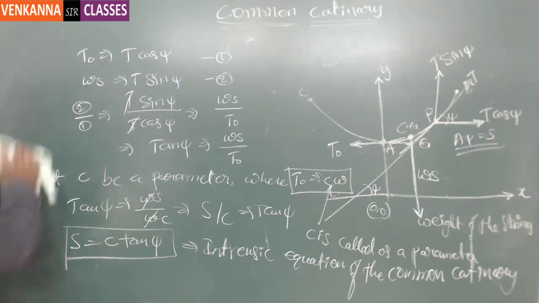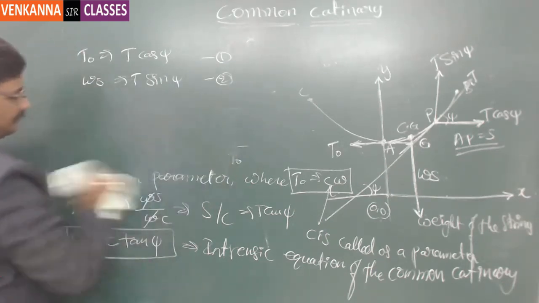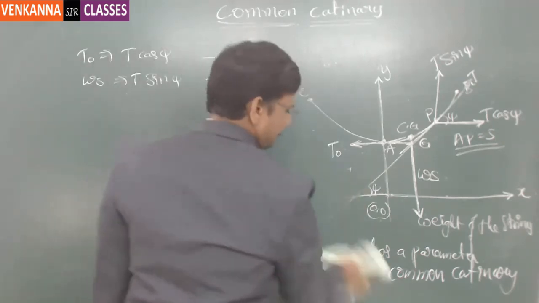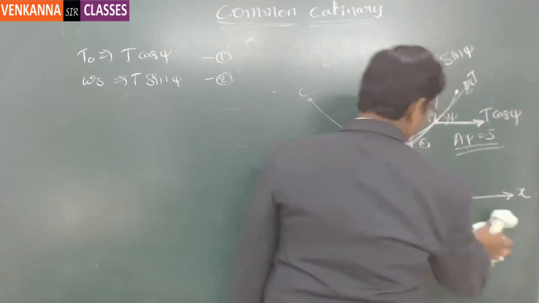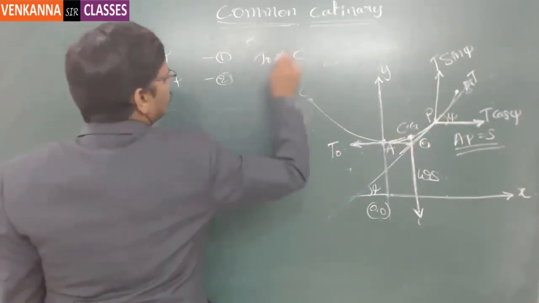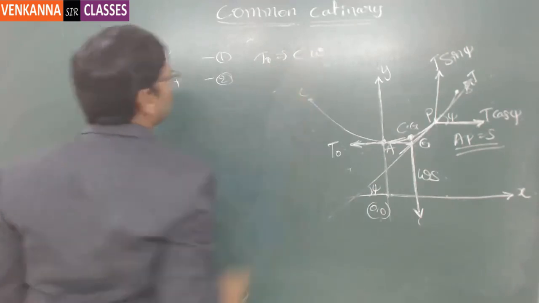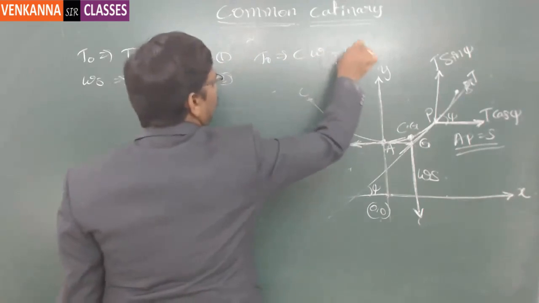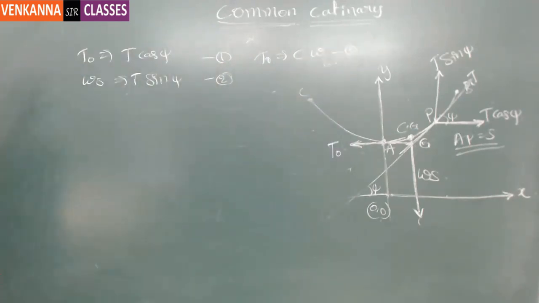Now to be specific, we will put these things in words so that we can be very clear on this. T naught is equal to C times W. If I call this equation number 1, this 2 and this 3, there are different conclusions we can make.